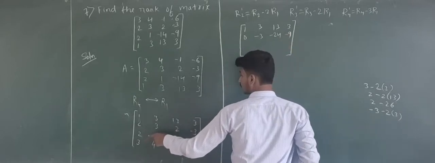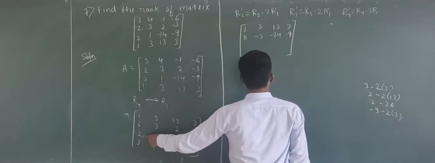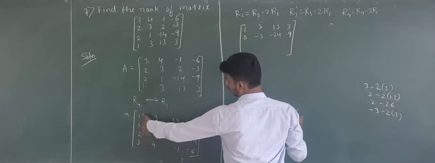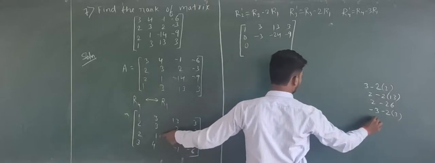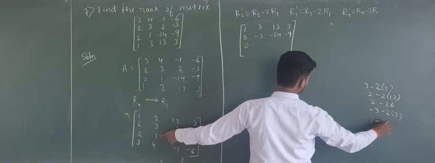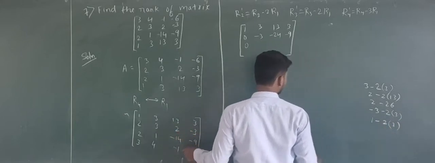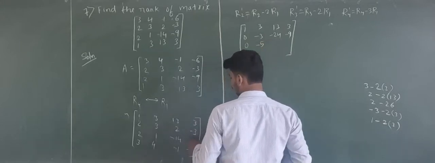Next is the third row, R3 minus 2R1. This first term will be 0. Next, 1 minus 2 into 3, which is 6, so 1 minus 6 is -5.